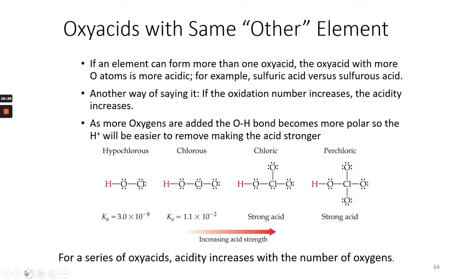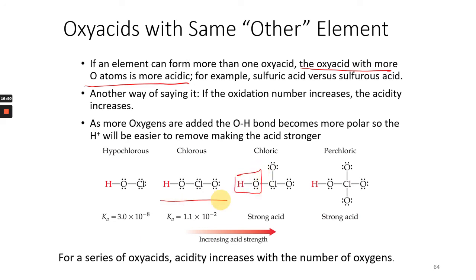Now, oxyacids with the same other element. So here we have 4 oxyacids, and as you notice, as you move across, you're getting more oxygens. The more oxygens you have, the more acidic your acid. Why is that? Because the more oxygens you have, the greater the electron density over here is, pulling the electrons closer to the oxygen, making this bond here more polar.